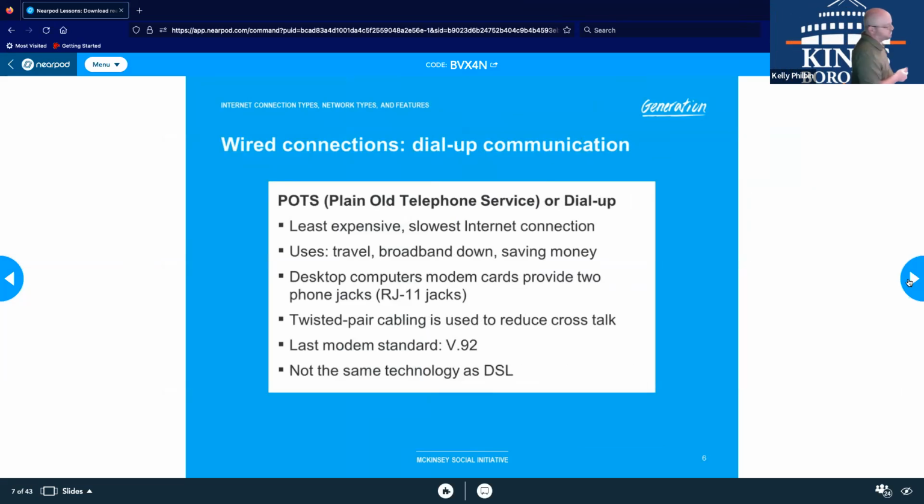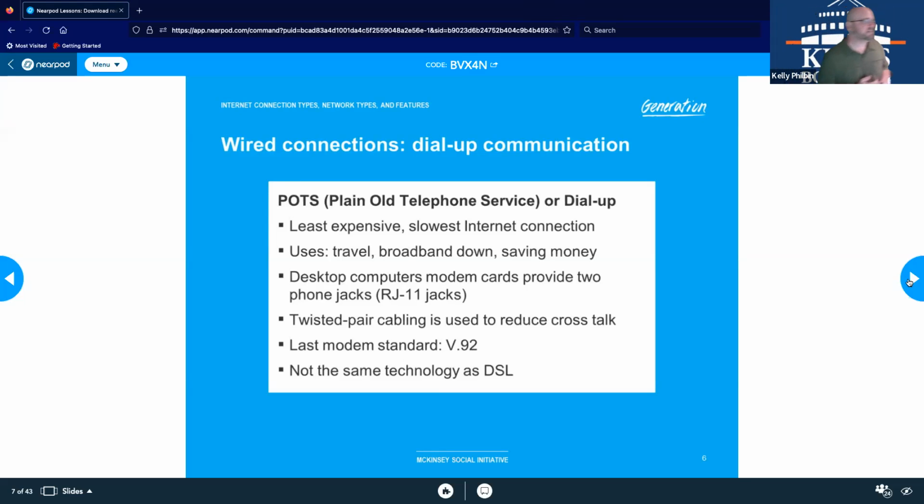So start with the slowest, oldest, and I guess most legacy of all internet technologies, POTS, plain old telephone service, or dial-up. It is the least expensive, however, it is also the slowest. It does have its uses with regards to travel, if your broadband goes down, or you're trying to save money.